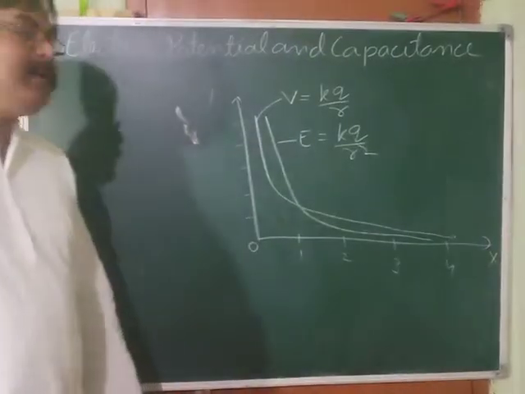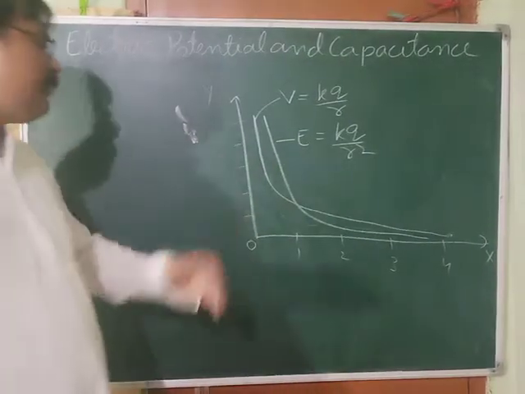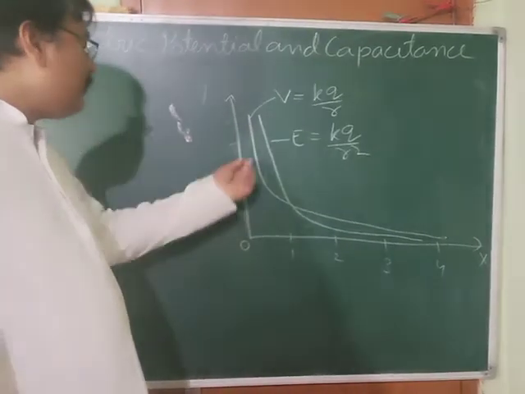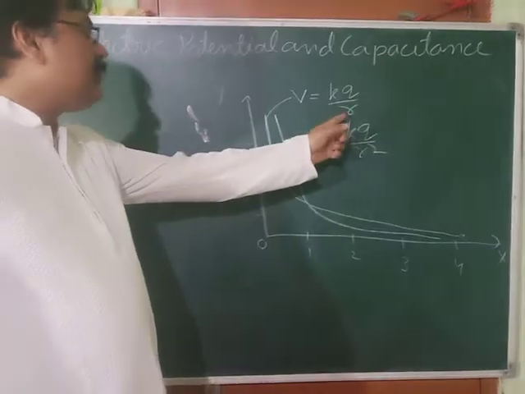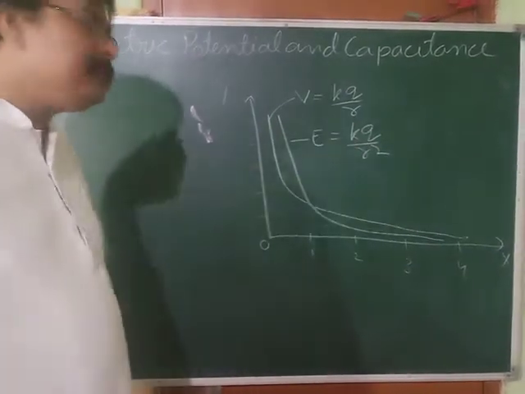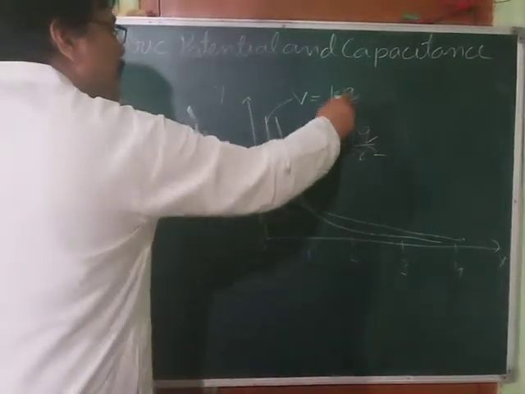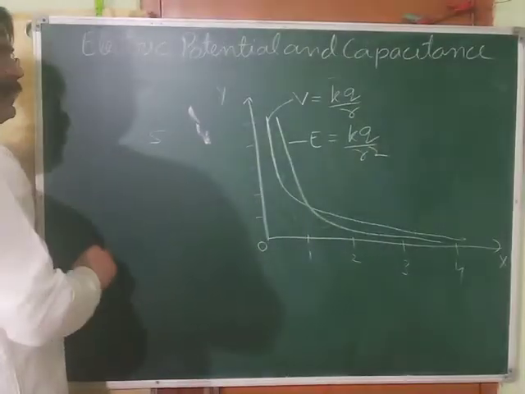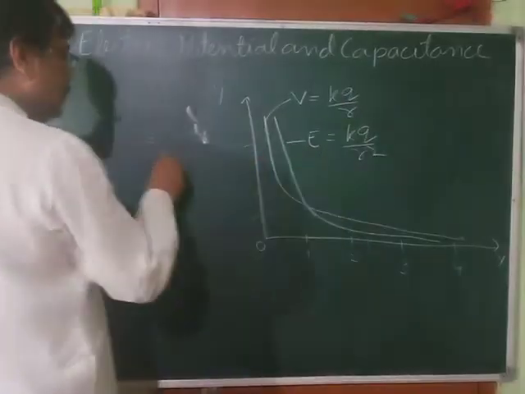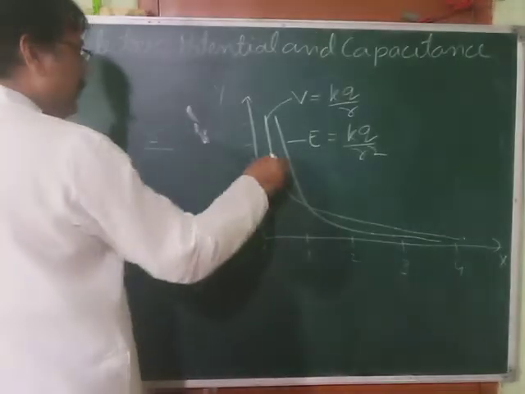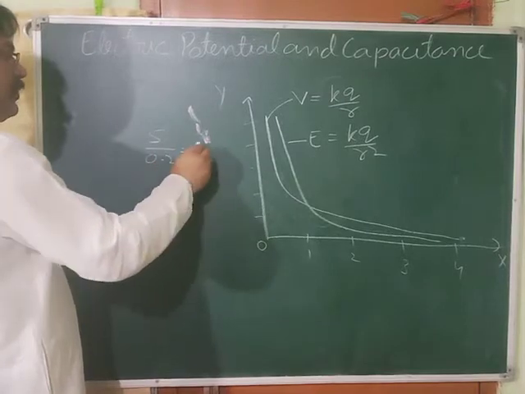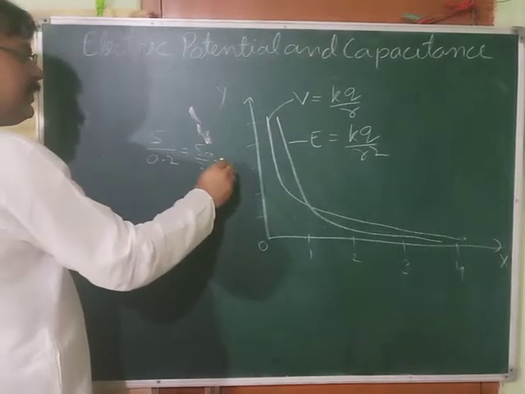See, initially, when the distance is less than 1 meter, say 0.2, and suppose kq is equal to 5. Potential: 5 by 0.2, you can write 50 by 2, that is 25.